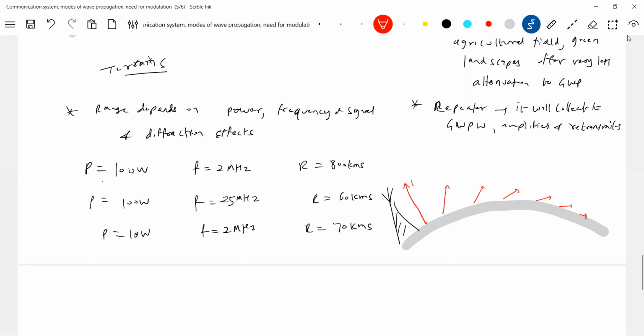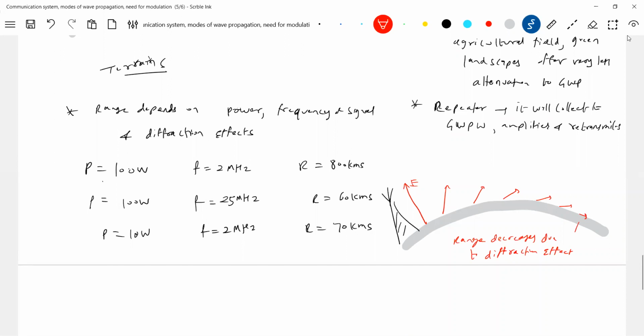I think further propagation will not occur. It's over. So this bending of the ray will take place here. So the range decreases. At this particular point, once the E bar becomes parallel to the surface of the earth, no more propagation, finish, over.